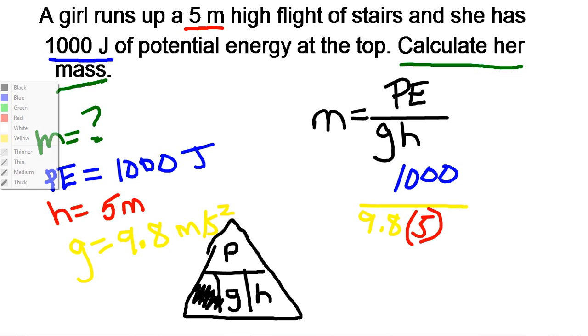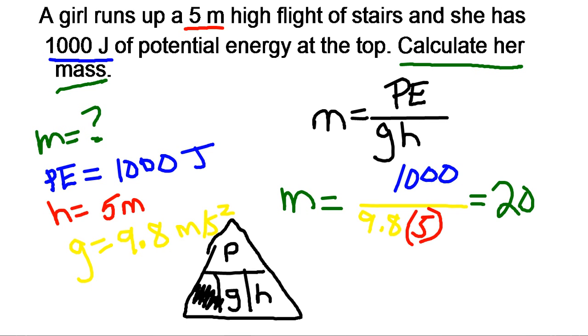Remember, I'm doing all of this to solve for my unknown, which is mass. When I type this into my calculator, 1,000 divided by 9.8 times 5, I find out that my mass is 20.4. But I am not done because I need to include units. My units of mass are kilograms.